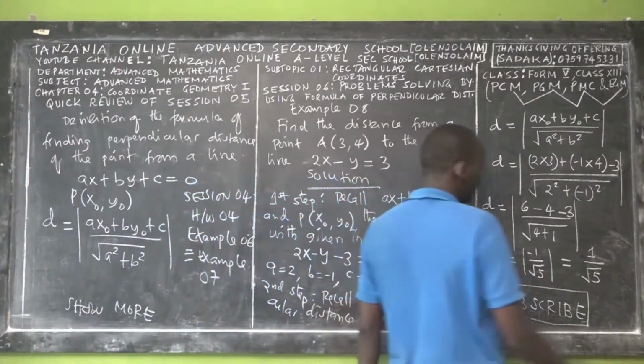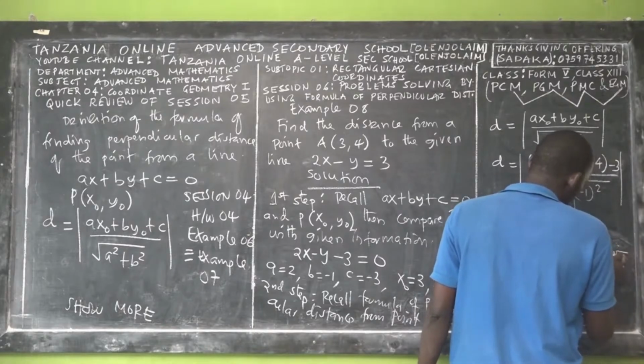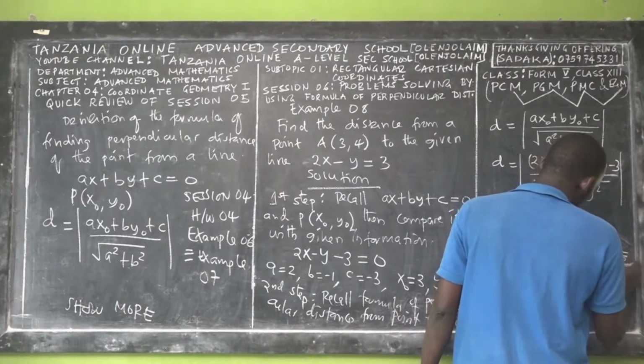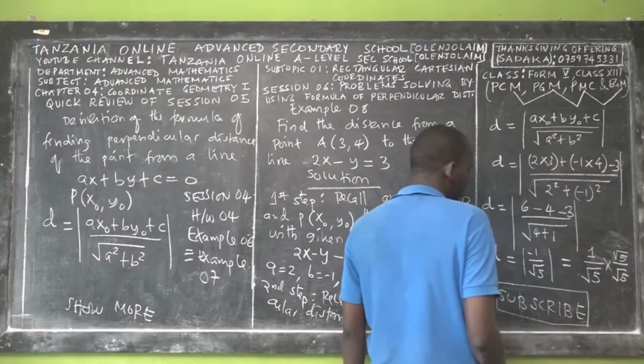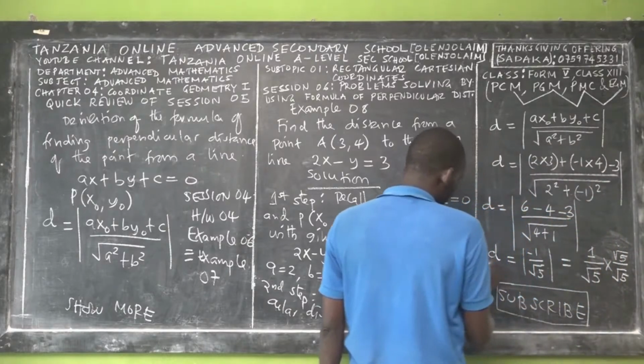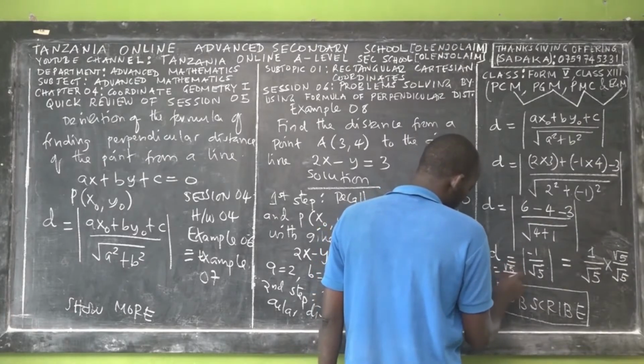We can rationalize the denominator by multiplying by root 5 over root 5. We didn't change anything because root 5 over root 5 is equal to 1. And then the distance now is equal to root 5 over 5.